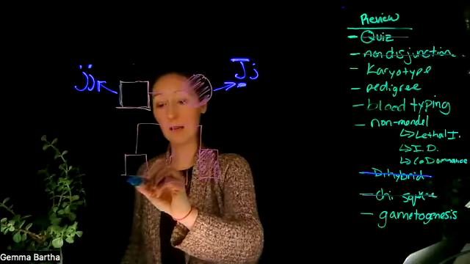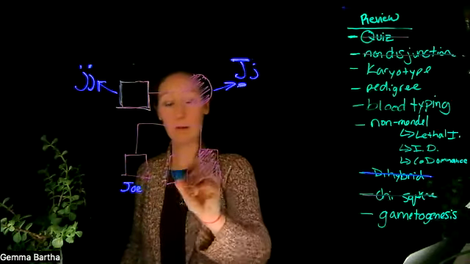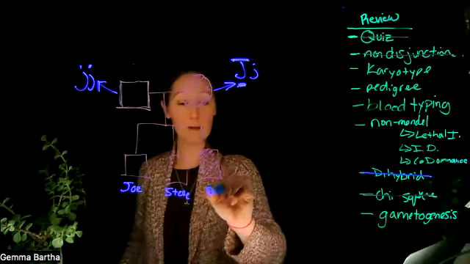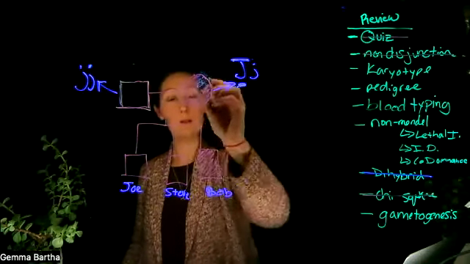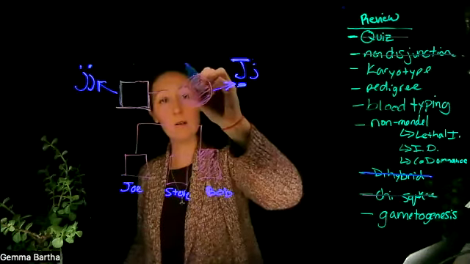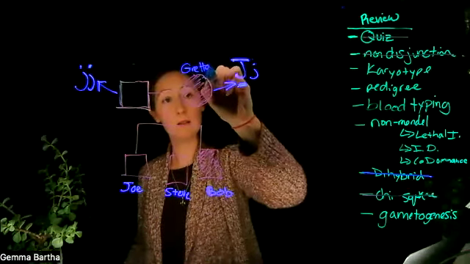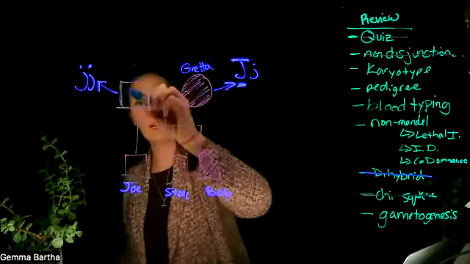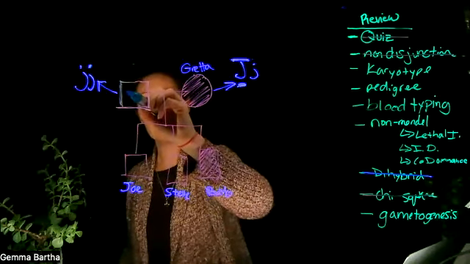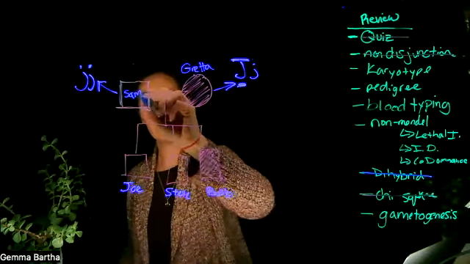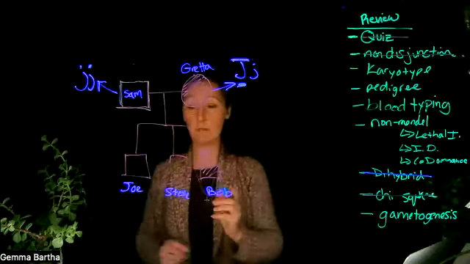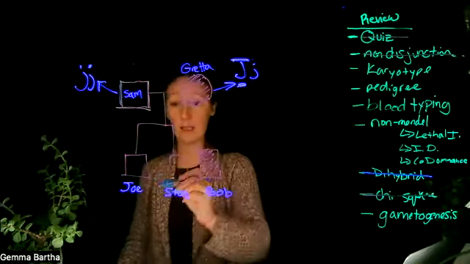And let's say little Joe and little Steve, Bob, let's call mom Greta. I don't even know how you spell Greta. And we'll call this one Sam. All right. So Sam here does not have sweaty palms, neither does Joe or Steve.